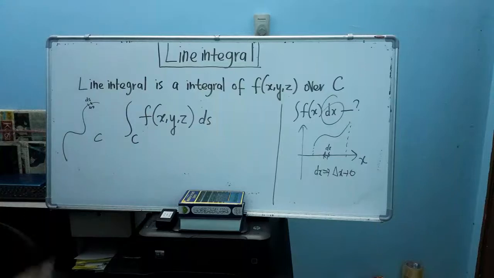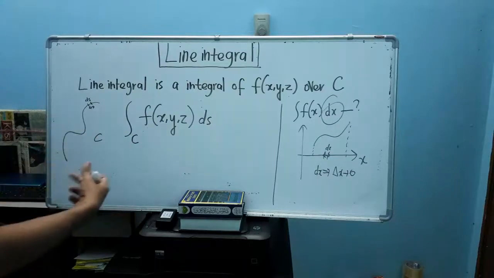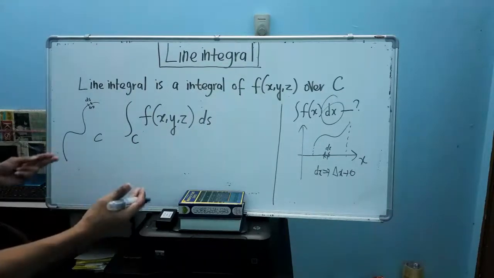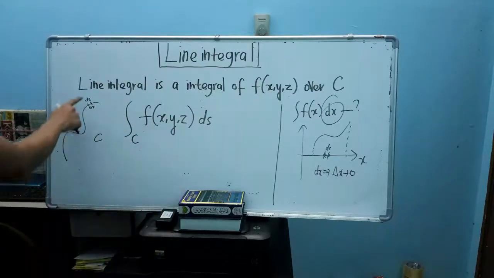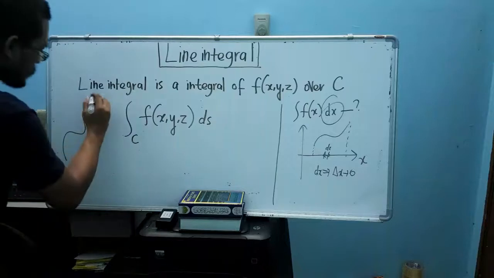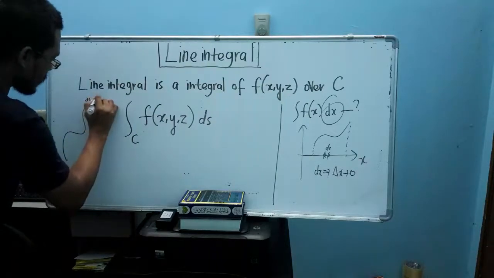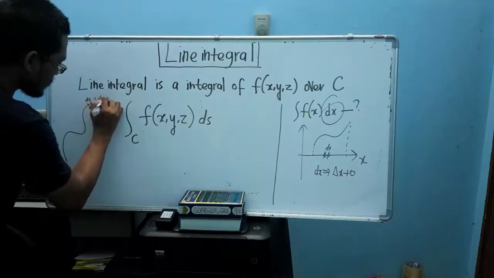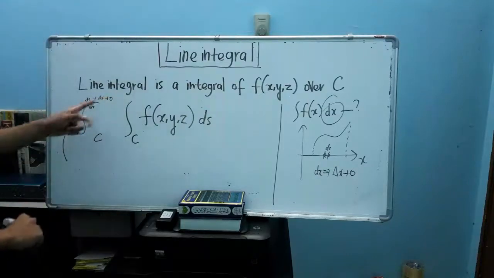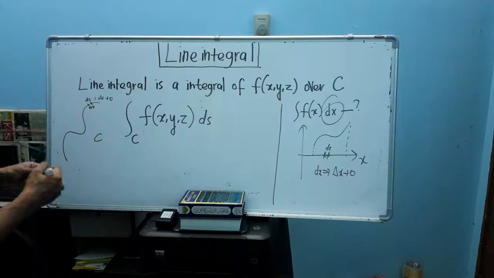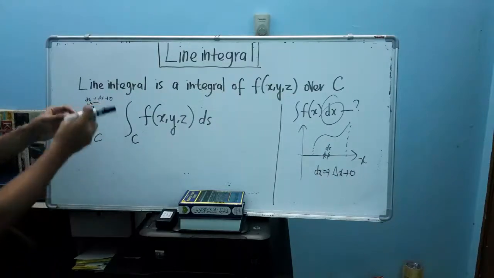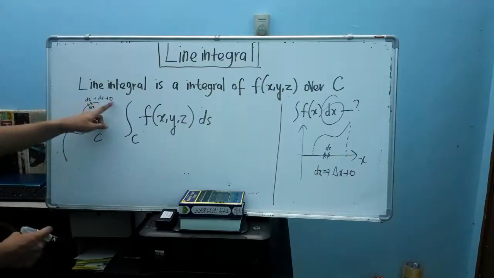Of course, when we take the summation and the limit goes to infinity, ds actually comes from delta s approaching 0.